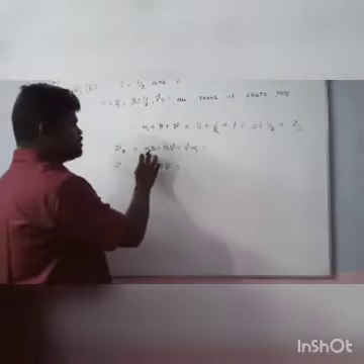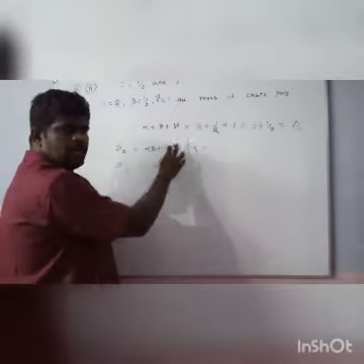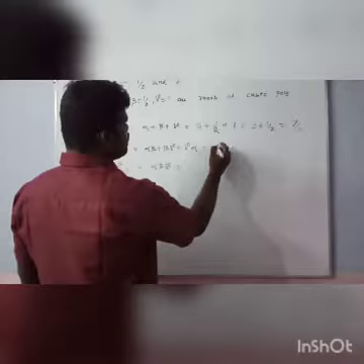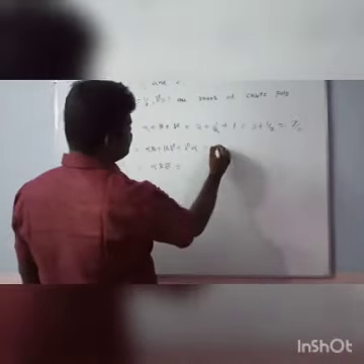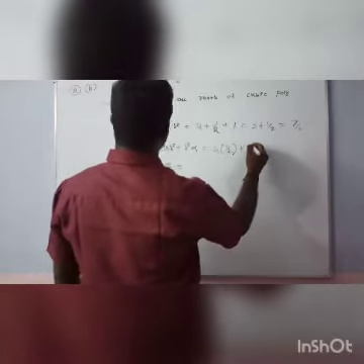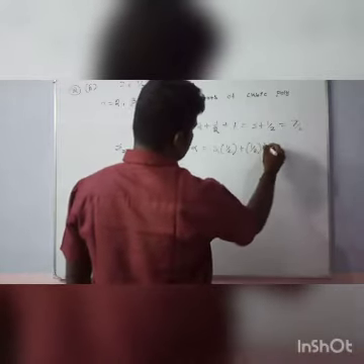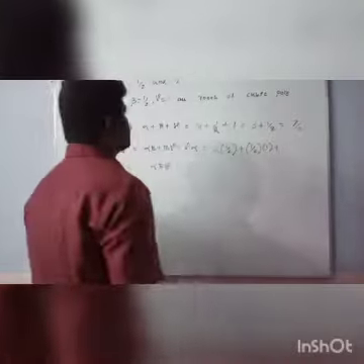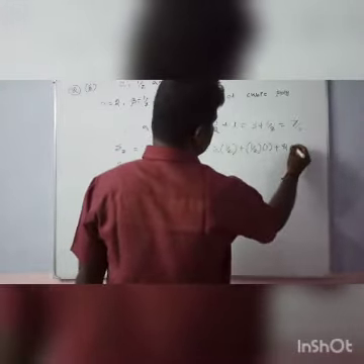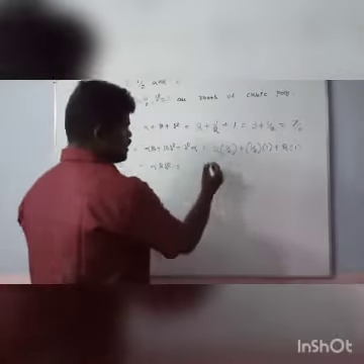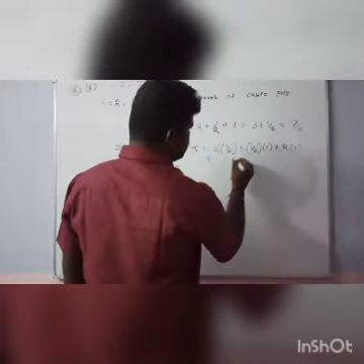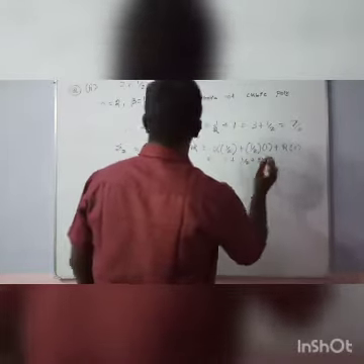And the summation 2 value is what? Alpha beta plus beta gamma plus gamma alpha. Alpha beta means 2 into 1 by 2, plus beta gamma means 1 by 2 into 1, plus gamma alpha, 1 into 2. So 2 into 1 by 2 cancels, 1, plus 1 by 2, plus 2.